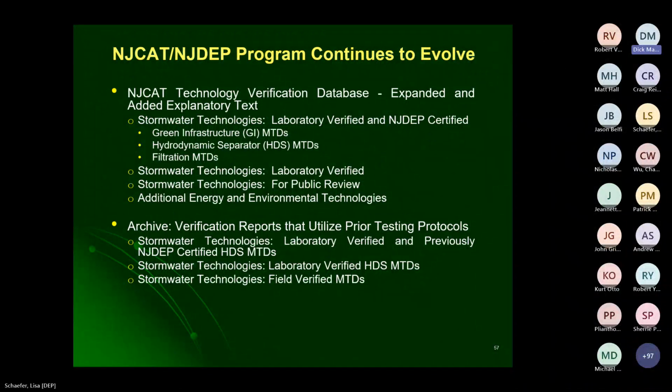any technology that goes through the NJCAT verification program that wants to be certified has to be posted for public review, a 30-day review period. The industry polices this very, very heavily. Any objections to the review are either overstatements or, if I've missed something in the review process, can be challenged.